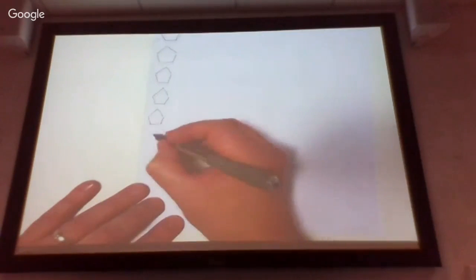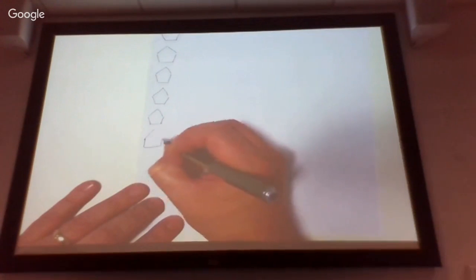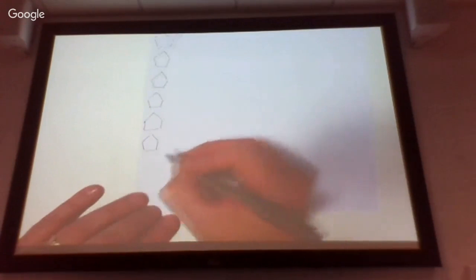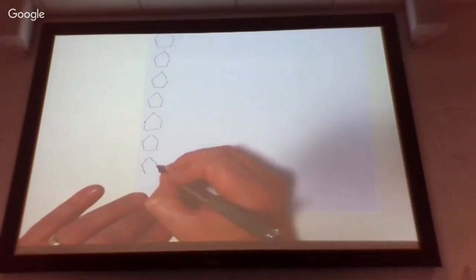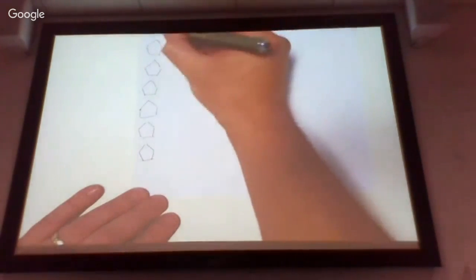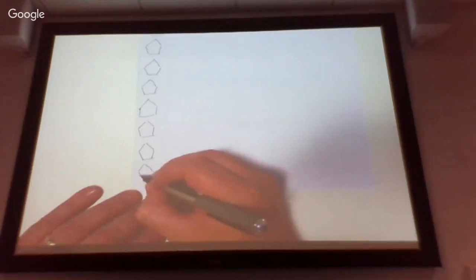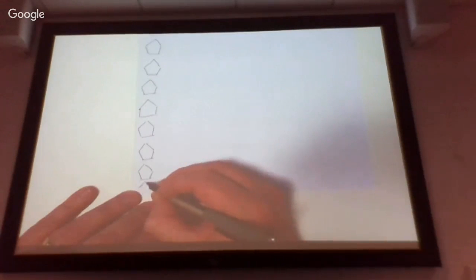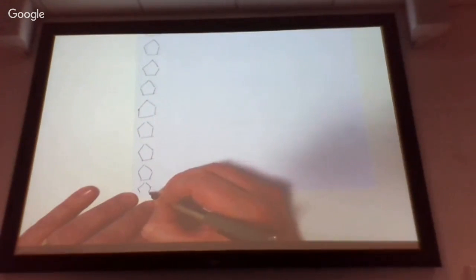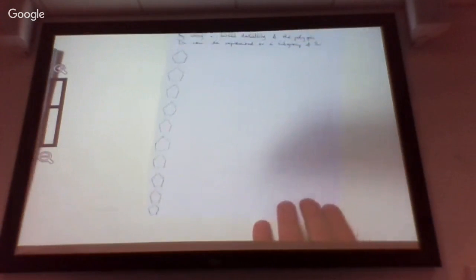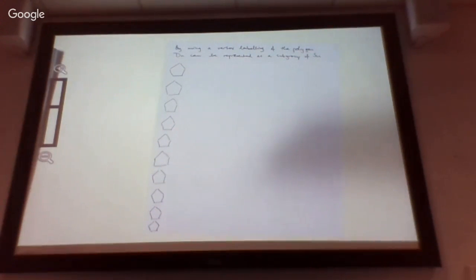Let's do that. Okay, I've started now, so I might as well finish. 1, 2, 3, 4, 5, 6, 2 more. Okay, some of these are highly non-regular, but the important thing is to see what's happening with the labels.